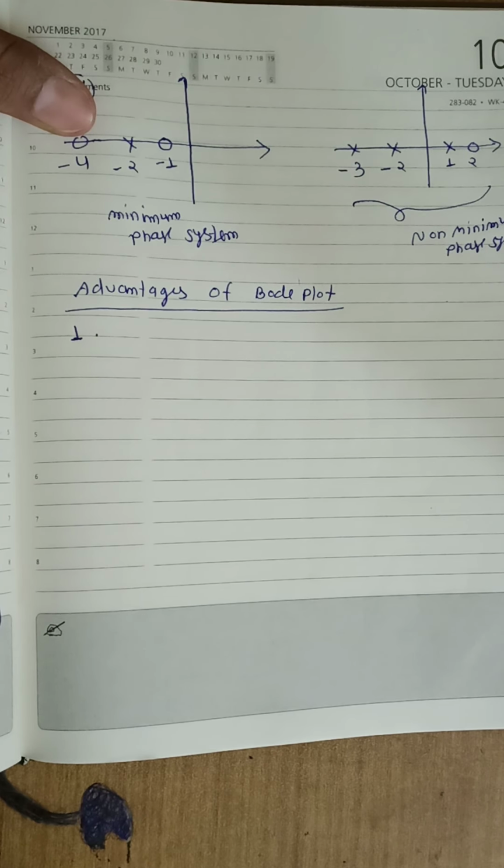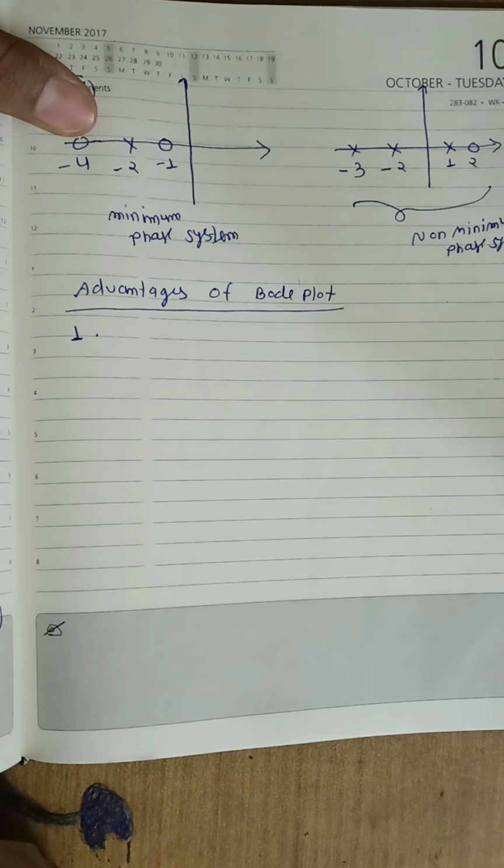That means manually we can easily draw the Bode plot for the given system. So this is the main advantage of the Bode plot.